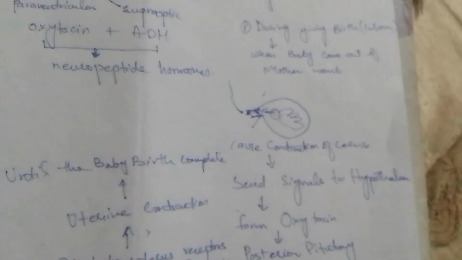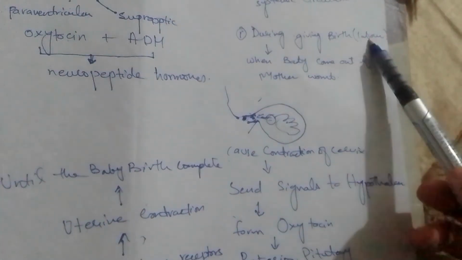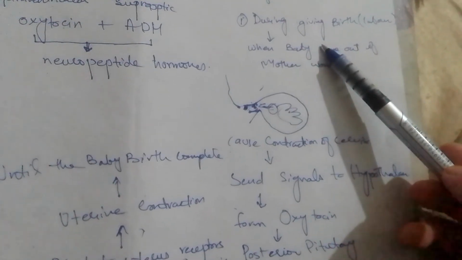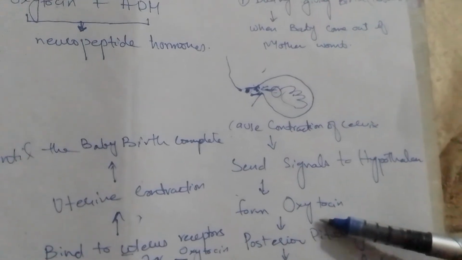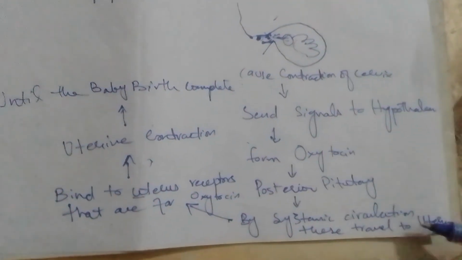Now this is the first function, during labor. The second function of oxytocin is during lactation, that is milk production from the breast.